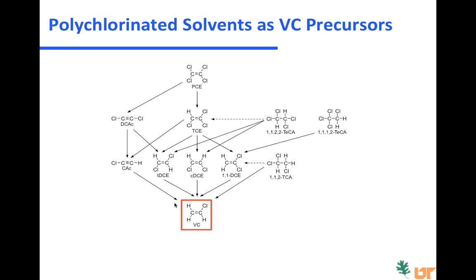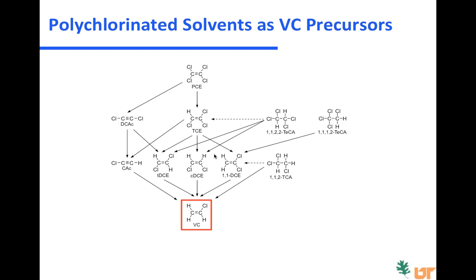Then chlorinated ethanes like 1,1,2,2-tetrachloroethane or 1,1,1,2-tetrachloroethane, 1,1,2-trichloroethane are precursors for vinyl chloride directly, or they are precursors to generate TCE and DCEs, which are precursors for vinyl chloride.